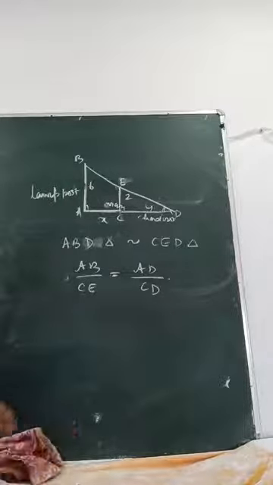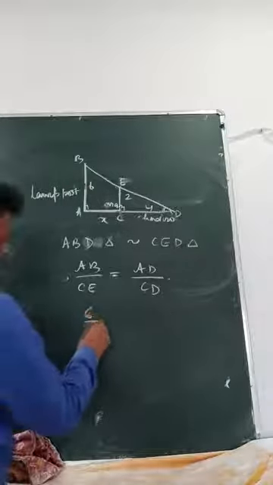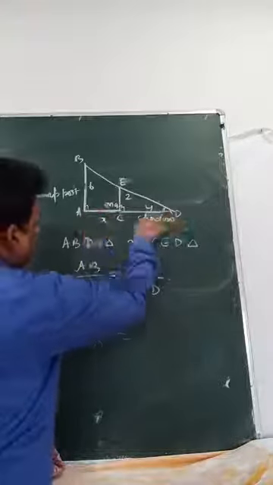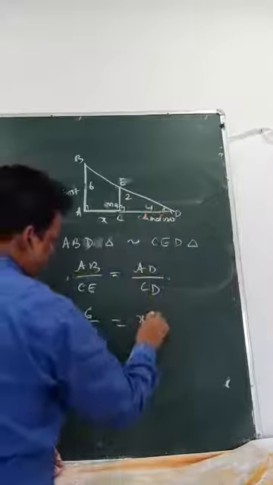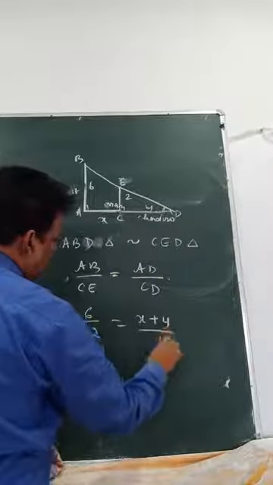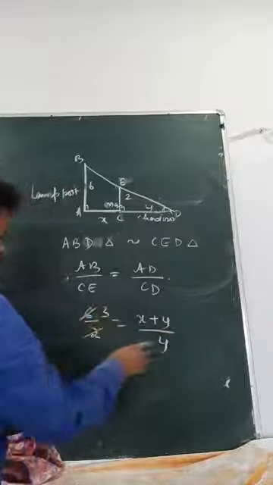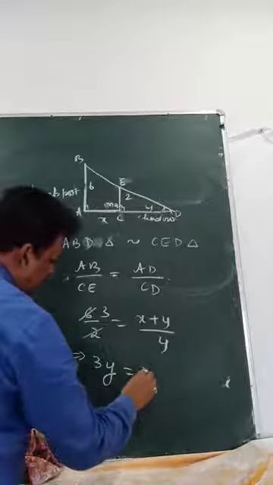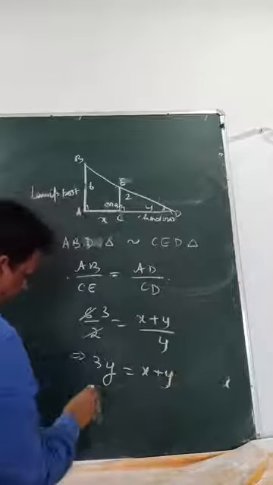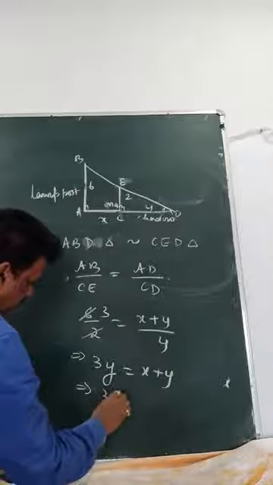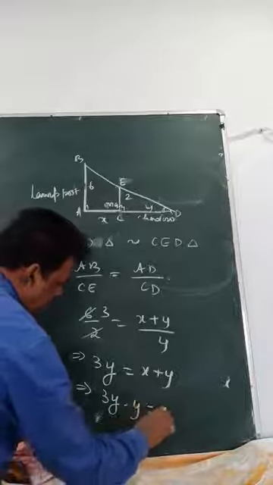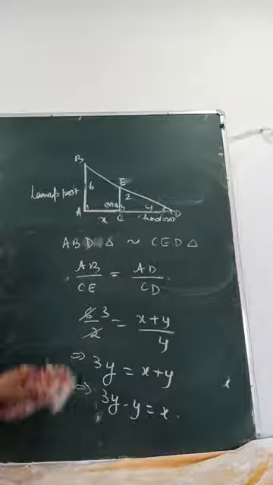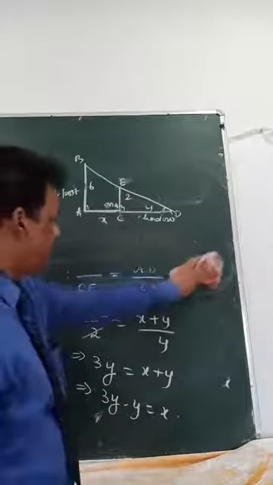AB is 6, CE is 2, AD means x plus y, so 6 upon 2 equals x plus y by y. This is cancelled to 3. Cross multiplication: 3y equals x plus y. This implies 3y minus y equals x.